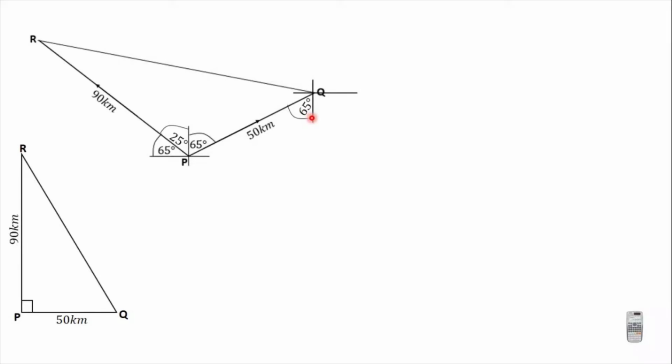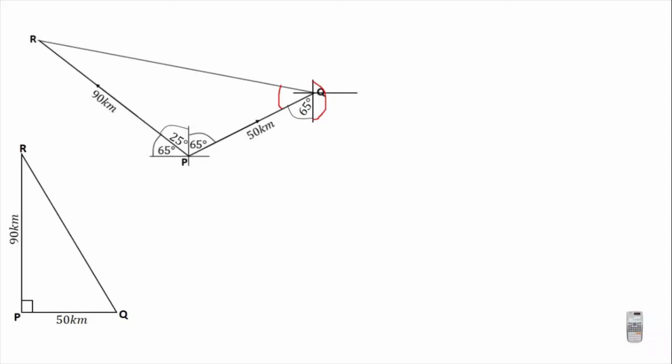And because alternating angles are equal, the angle created here is also going to be 65 degrees. So right now we found one part of what we are looking for. We know that from this point here to this point here is 180 degrees. We have been able to find this part here as also 65 degrees. So what we are now looking for is this angle, because if you're able to find this angle, we can add it to 65 degrees and this 180 degrees.